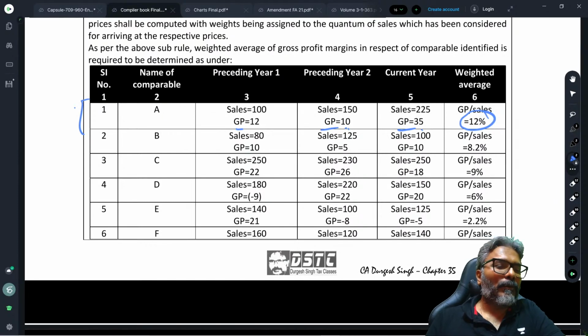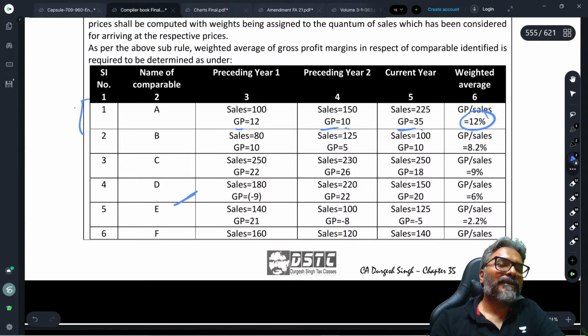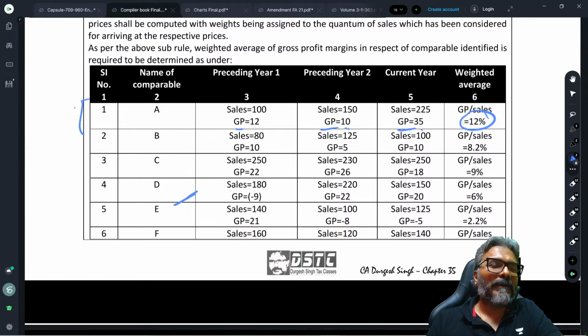Fine. Now, more importantly, I want your attention to be drawn to comparable number D. Comparable number D, students, is my concern. What happens in the case of comparable D? There is a loss for the preceding year, number 1.